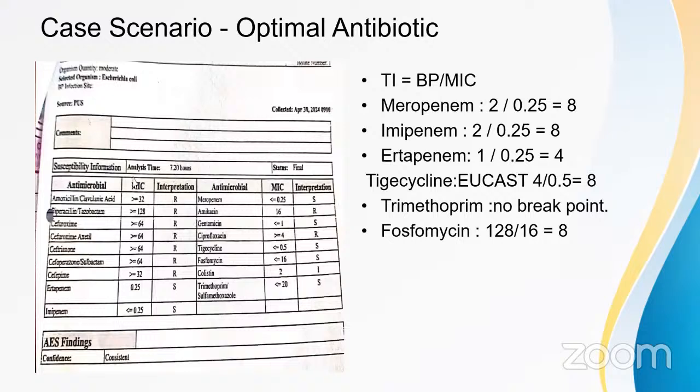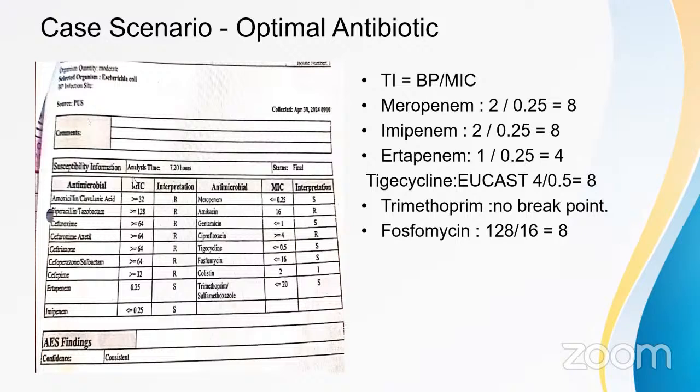So coming to our patient report, you can see a lot of resistance in cephalosporins, but you can see carbapenem sensitive, and then tigecycline sensitive, colistin intermediate. So how did we decide on using the antibiotic here? We see the therapeutic index.